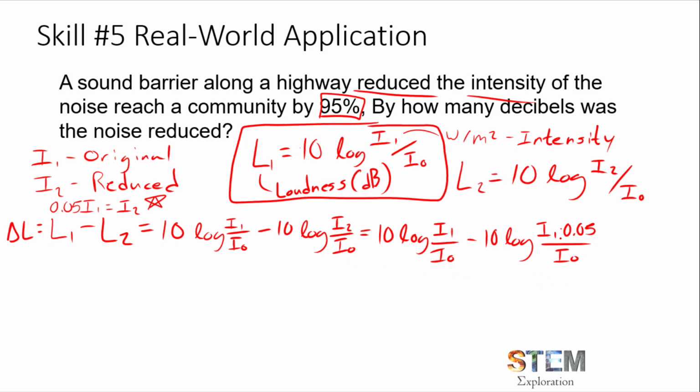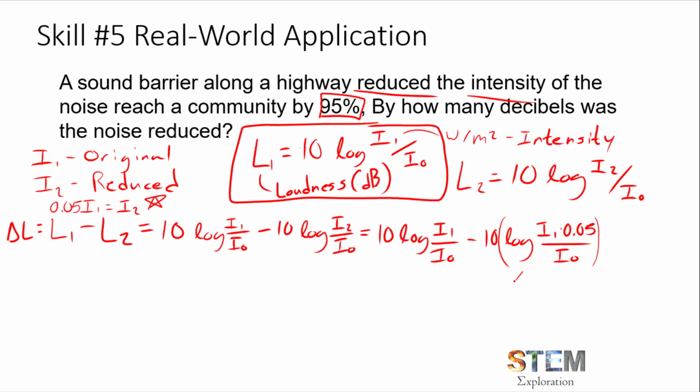What I want to do in this particular circumstance is find the difference of intensity. I'm going to look at this specific portion right here, factor this out a little bit, and use the product property to separate these logs out.